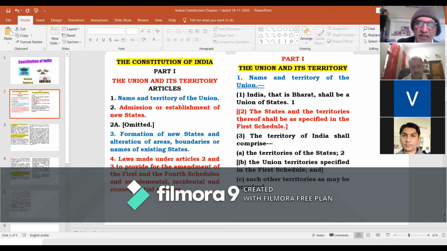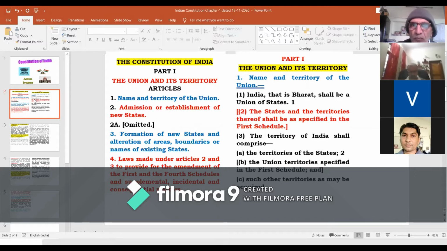So here 2A means firstly there was an amendment, and then by another amendment the first amendment was omitted. Article 3 is formation of new states and alteration of areas, boundaries or names of existing states.